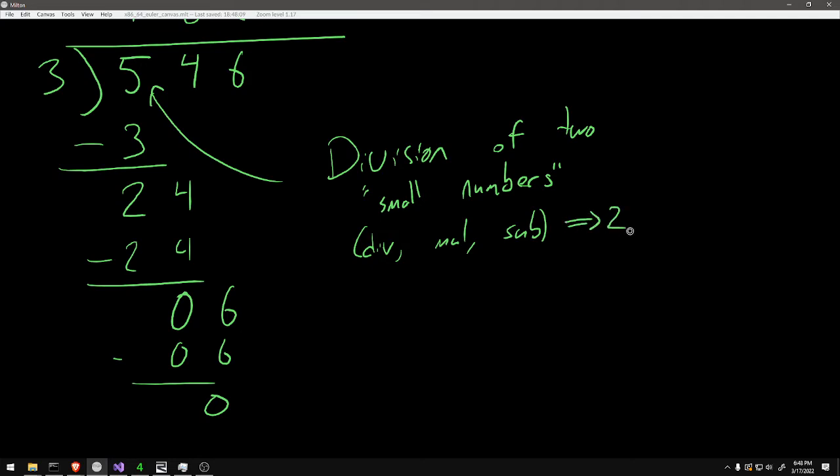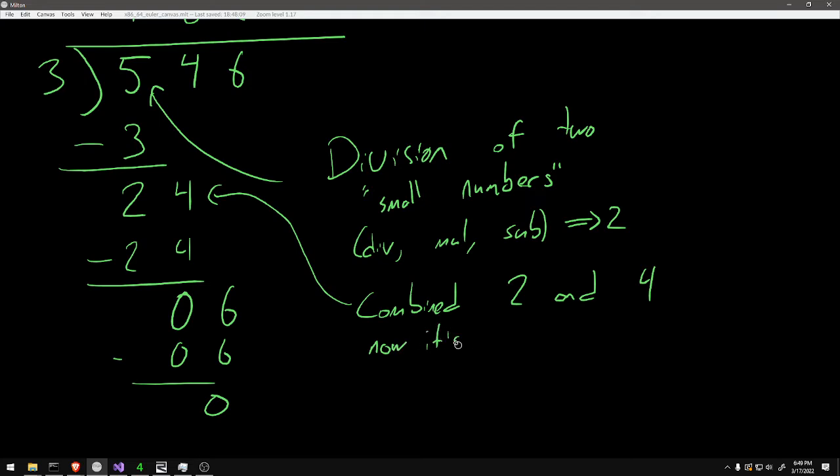Okay, but then we had to combine that. So that's where it gets a little weird, because once again you end up needing to do division by something big, or like it didn't break down all the way to small division, right?